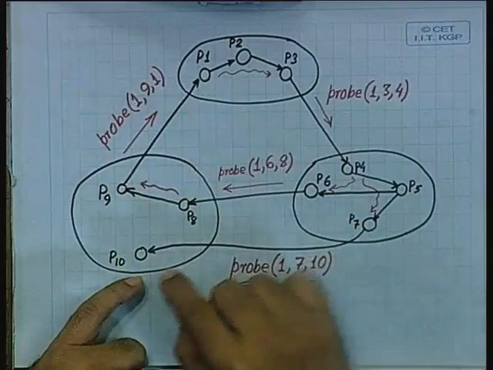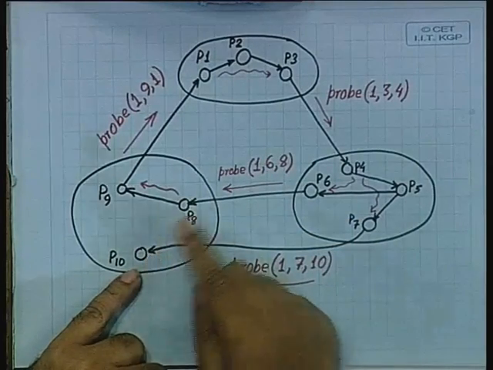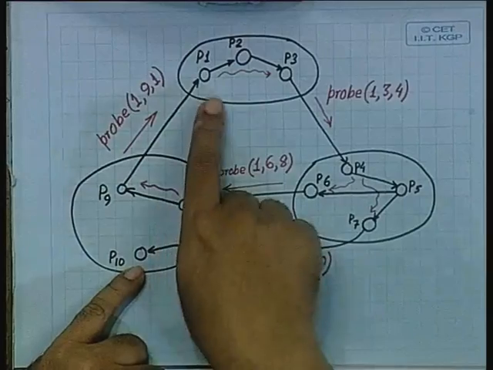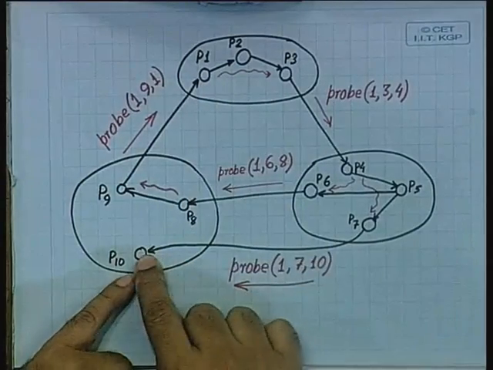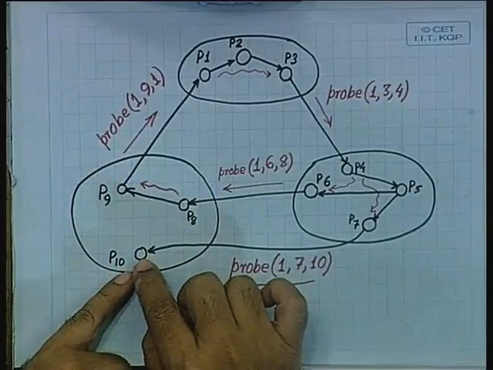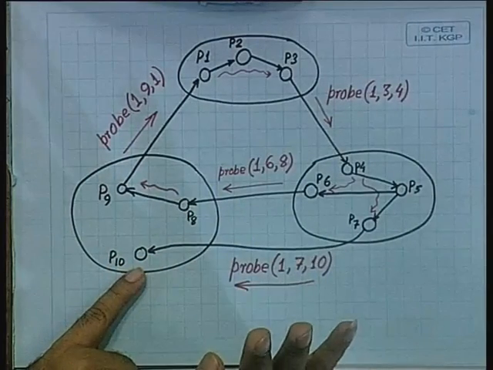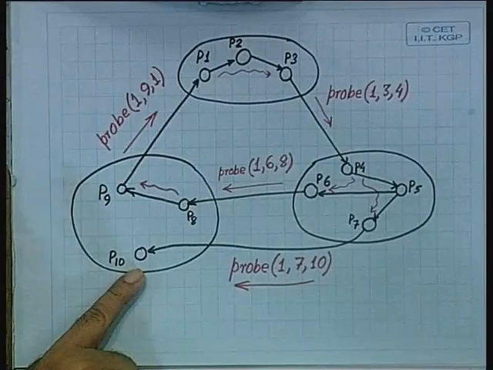No. So, what you are saying is that P10 is in execution, right. It has not yet made a request for P1. Is that what you are saying? Yes. No. So, then at this point of time the deadlock has not yet been created, right. So, therefore, we will drop the probe.